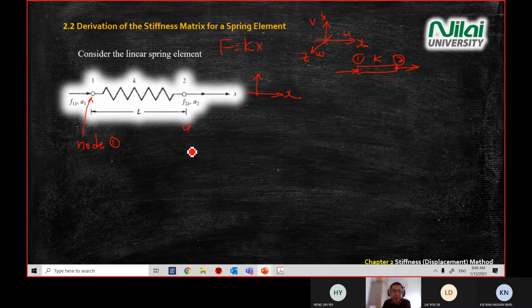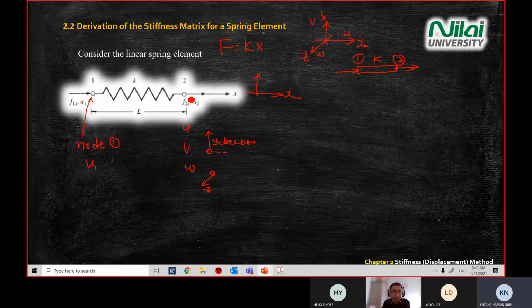If you accidentally write V, it means that the node is moving in the Y direction. Or if you write W, it means it moves in the Z direction. So be careful with the displacement notation that you use in your answer. And a small subscript means that if you write U1, it means displacement at point 1.